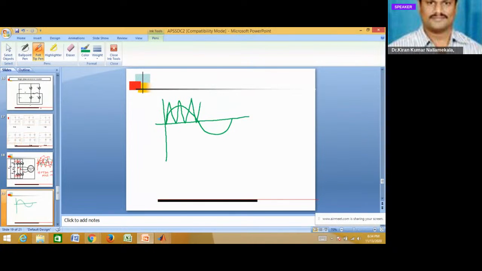That means one triangular wave is varying from 0 to 1.